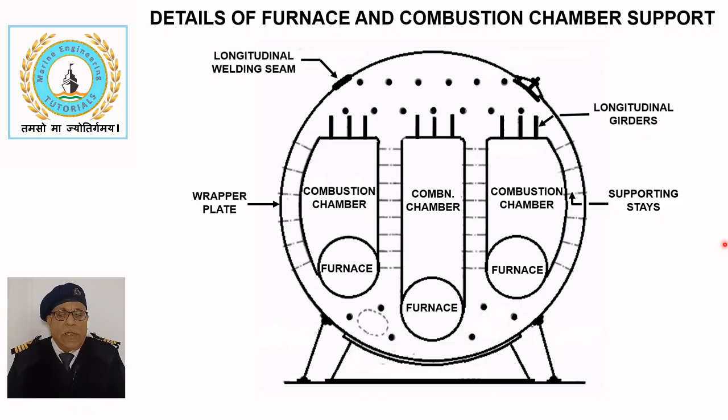The boiler's cylindrical drum is fabricated from rolled wrapper plates joined by a longitudinal welded seam. Flat end plates are welded to the wrapper plates and are held together by main longitudinal stays to prevent distortion due to internal pressure.